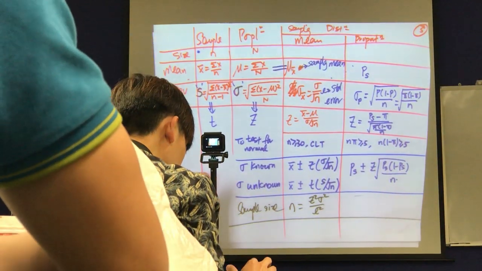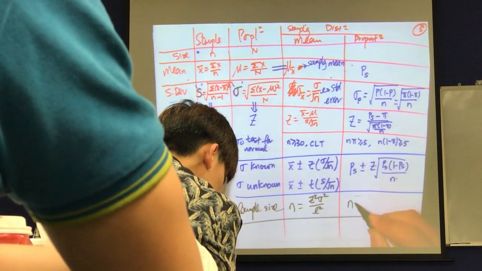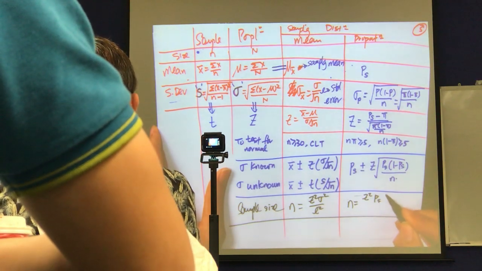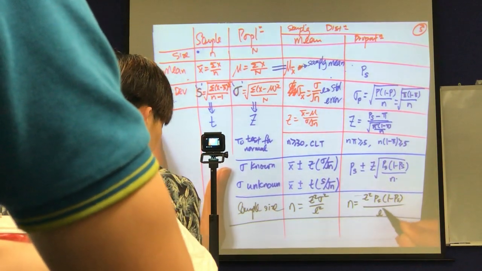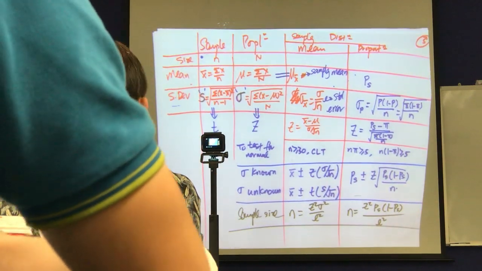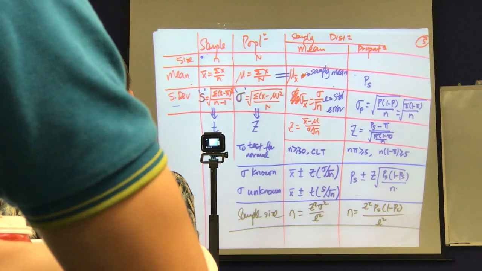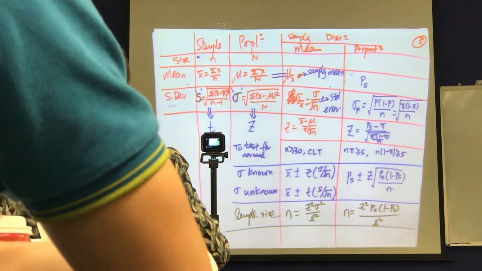Sample size for the proportion. Yep. Now it's complete. You can take a photo and pretty much it is complete.